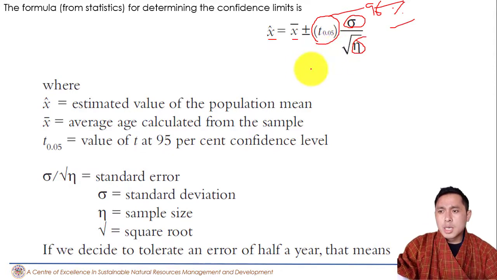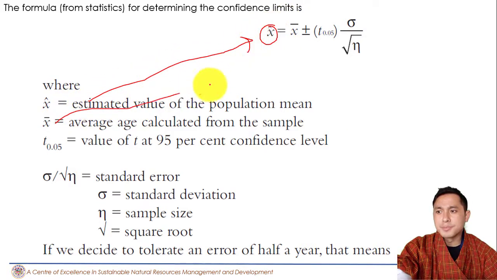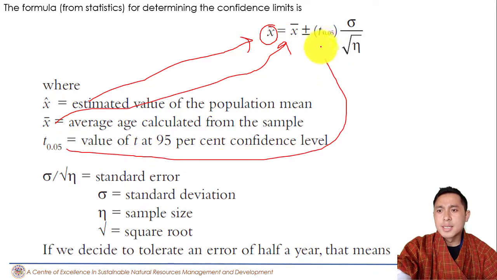So this is the population mean, this is the sample mean or sample average, and this is the t value 0.05 at a confidence interval of 95%.